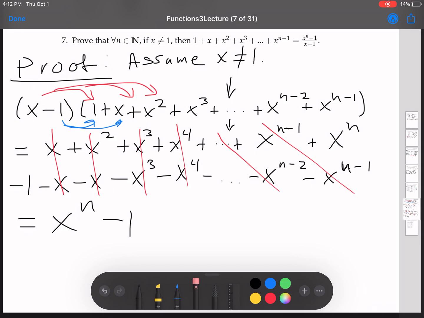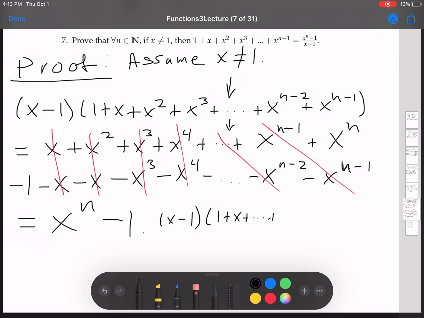So what have we just done? We've just shown that this equals x to the n minus 1.